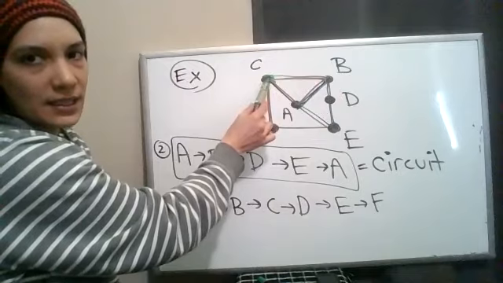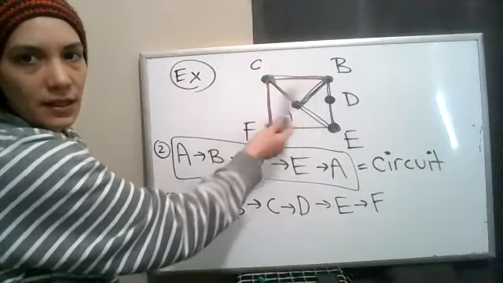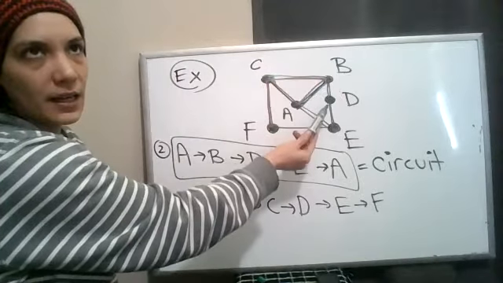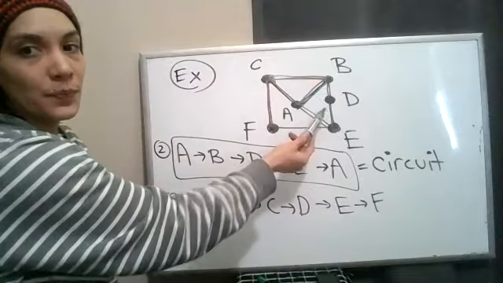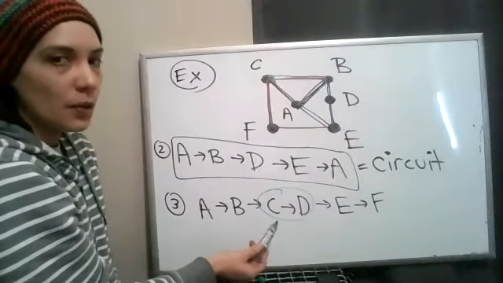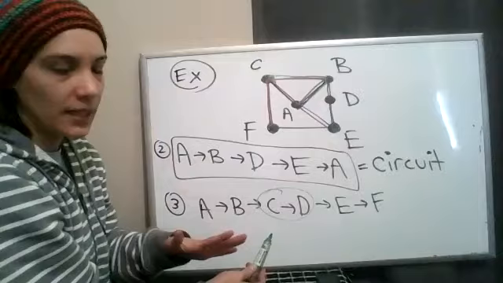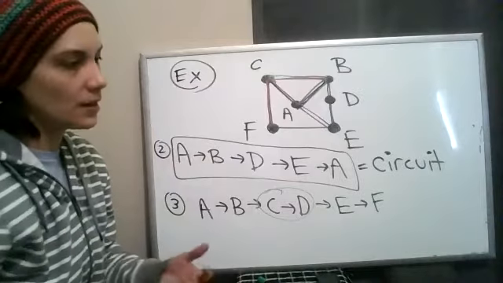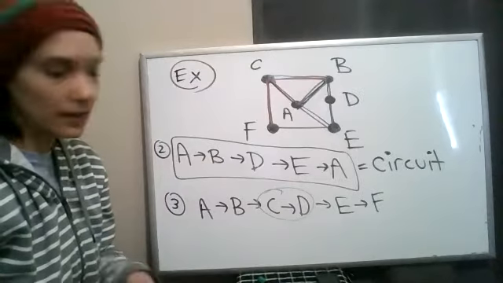Okay, it can't go from C to D. It's not connected to that vertex by an edge. So it's not a walk, and that shuts down everything else. It makes it not a path, it's not a circuit, it's neither.